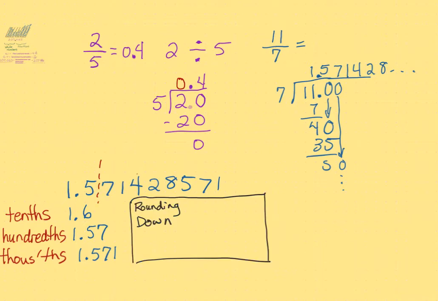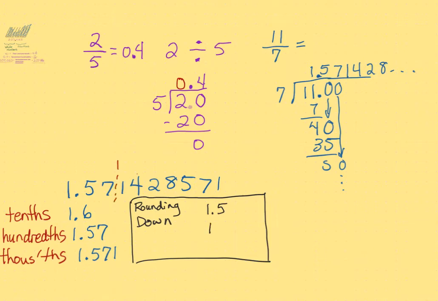So if we rounded down to the tenths, we would never round up, basically. We would just keep the 5 as it is. We call it rounding down, although the number doesn't change, because we're going to the number below what we have. Okay, so 1.57. We're now looking here.